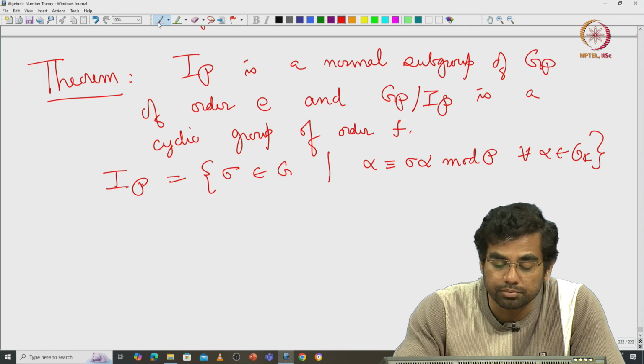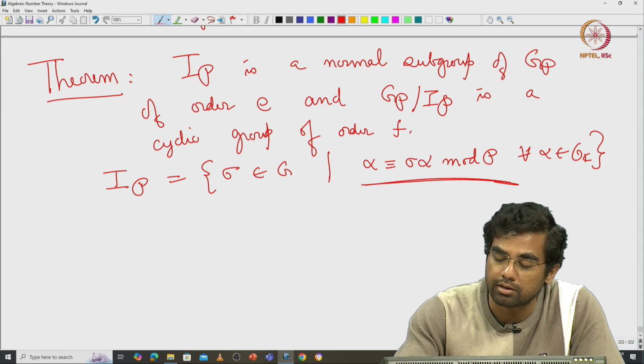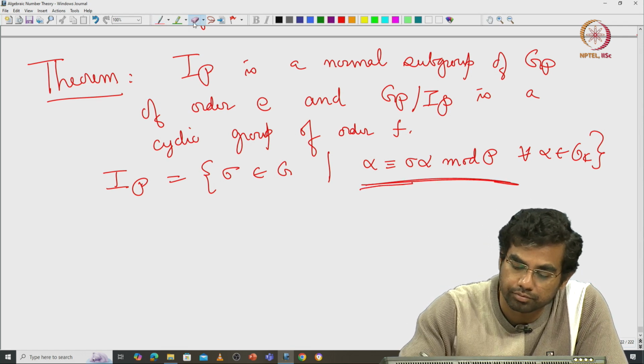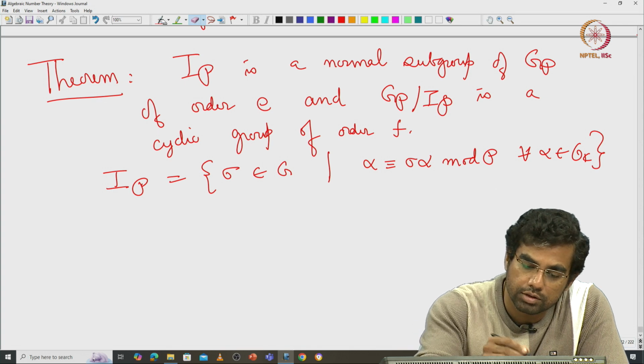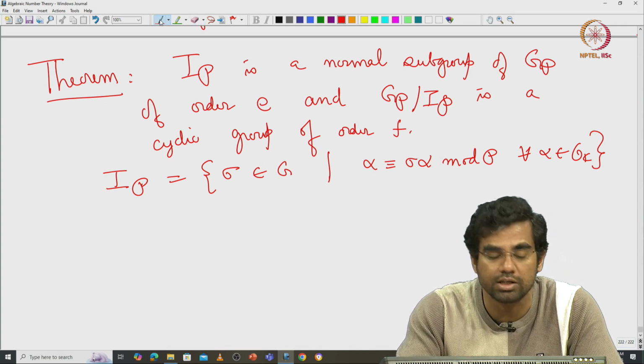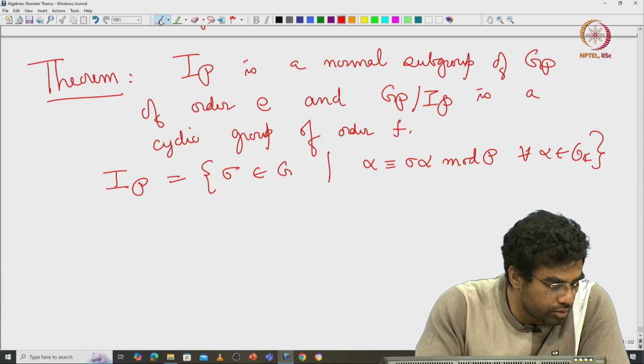So the kernel will induce the identity map on K sub capital P, which is exactly this statement. So this is not surprising. What is perhaps a bit surprising is that you can replace G sub P by all of G. I will just say why this is true.